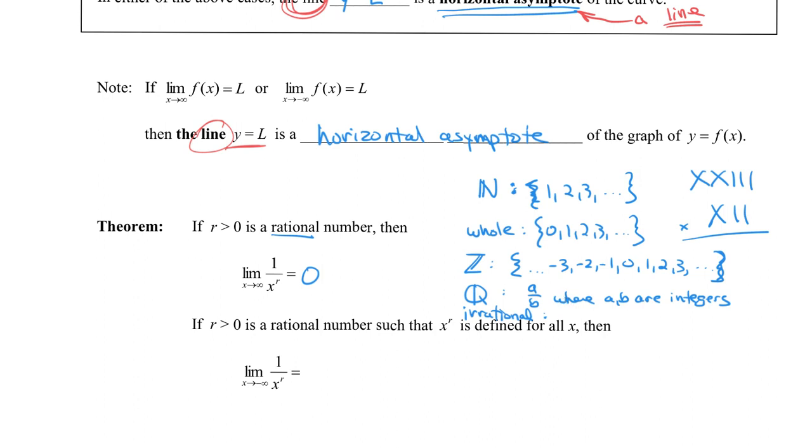So usually they just say something like cannot be written A over B, where A and B are integers. Okay, so those are the irrational. So there's sort of like a little break right here. There's where they build on each other, and then all of a sudden the irrational are none of these.